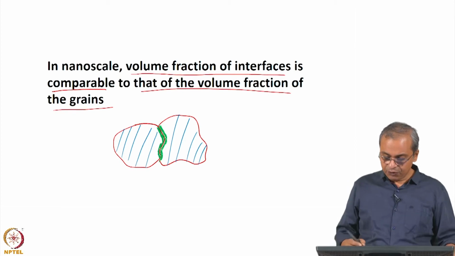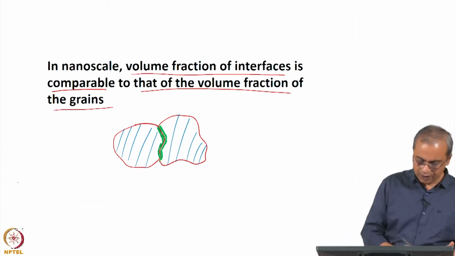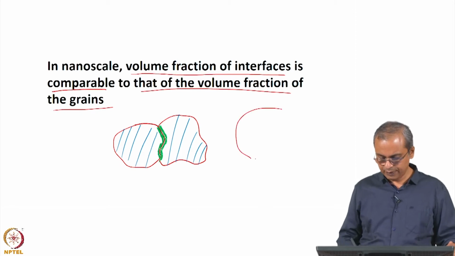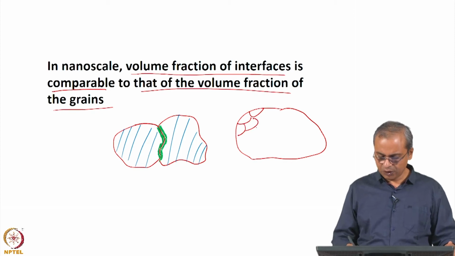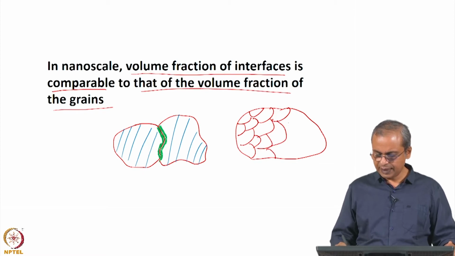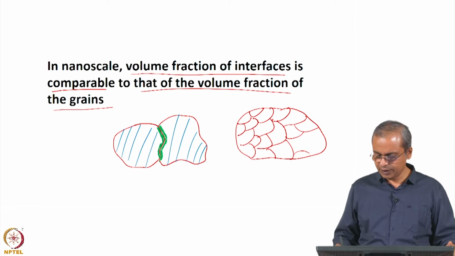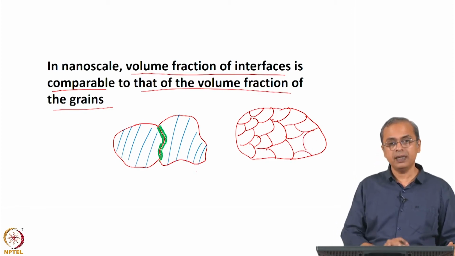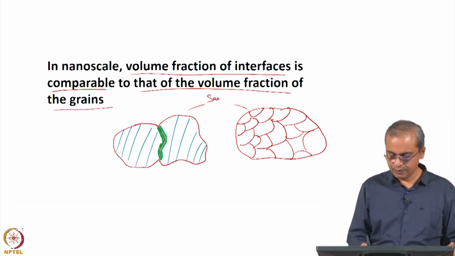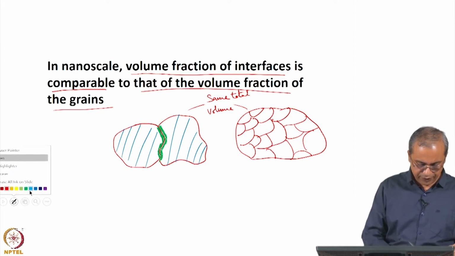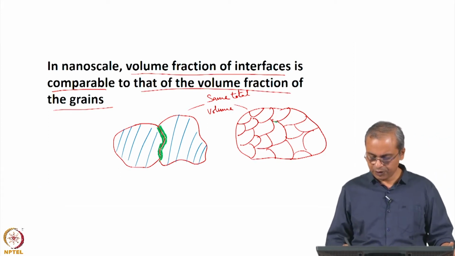Now, clearly, if you take a nano structured material, let us say with the same amount of volume, roughly the same amount of volume I am drawing here, or at least something with a significantly smaller crystal size, then for the same total volume, the amount of interface that is available is much greater.